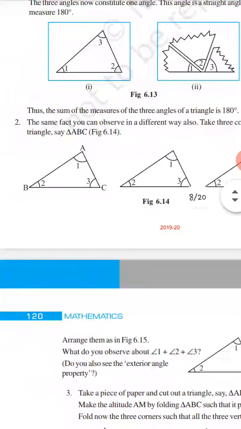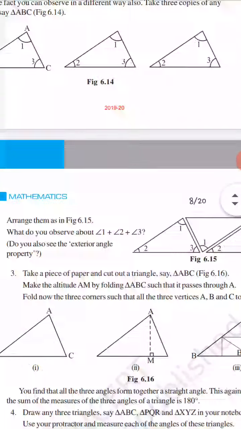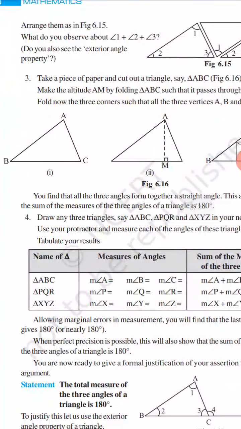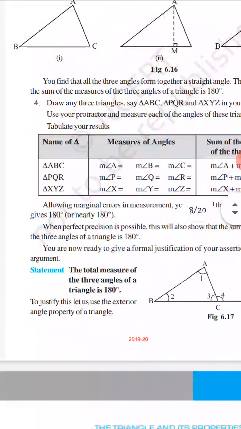You can do the activity yourself. The total measure of the three angles of a triangle is 180 degrees.